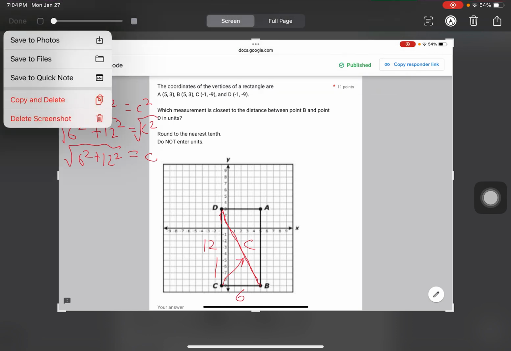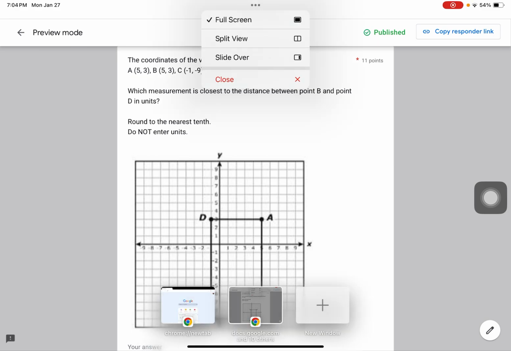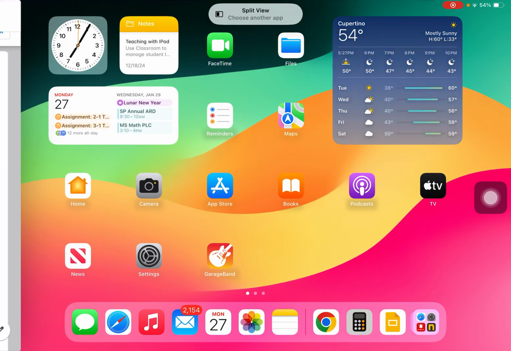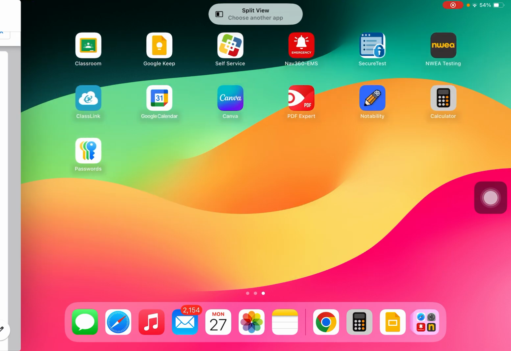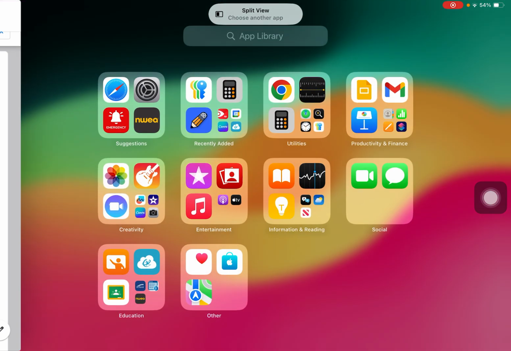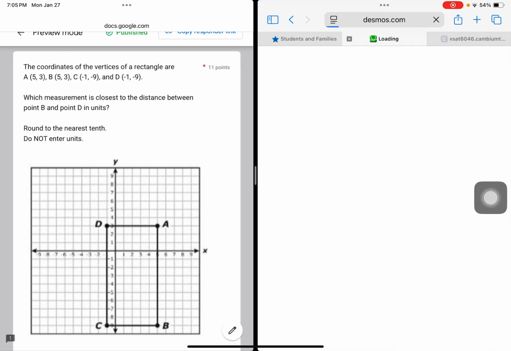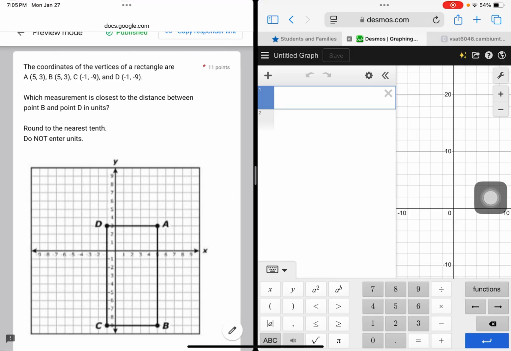If we go split screen and go on decimals, I guess I didn't get the decimals calculator app, but on your test you can click the calculator.